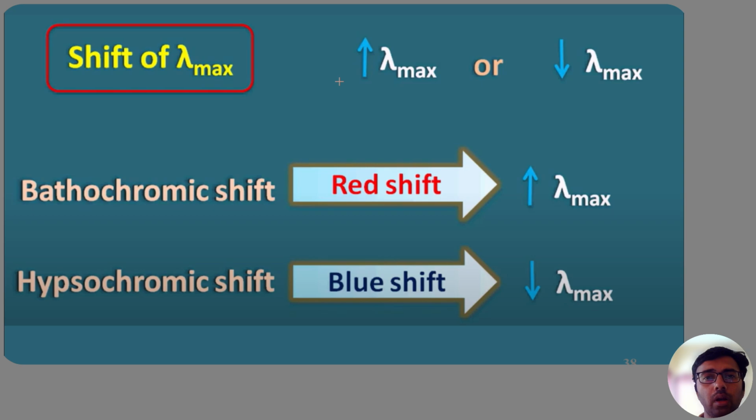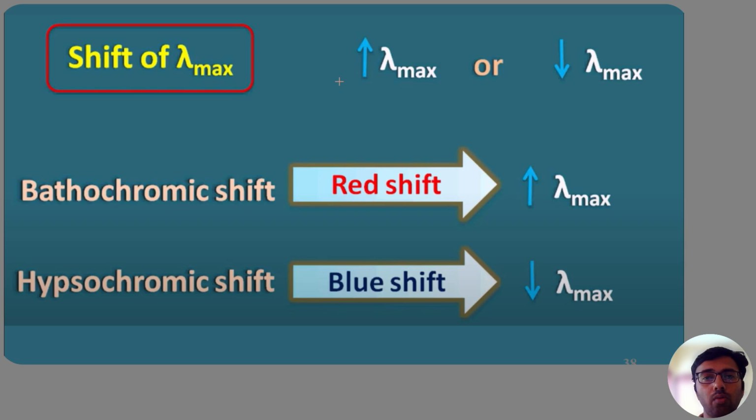In simpler laboratory language, this is called red shift. Whereas, secondly, if the absorption maximum moves toward a shorter wavelength, the phenomenon is called a hypsochromic shift. This is commonly known as blue shift.